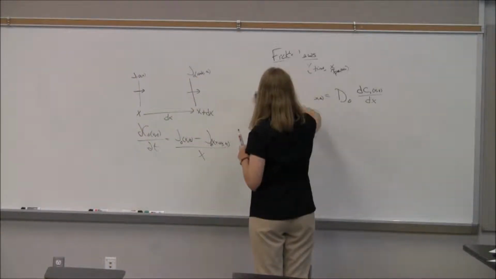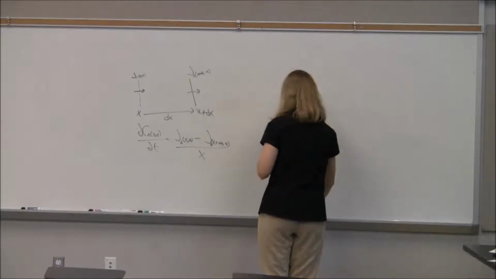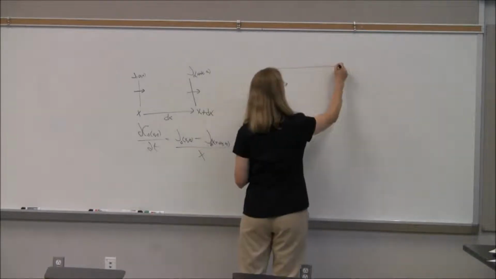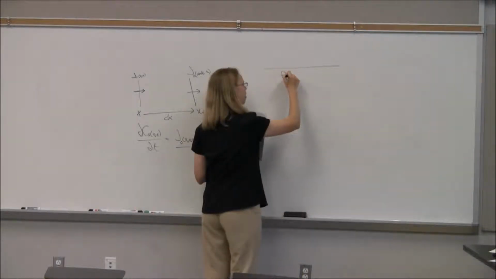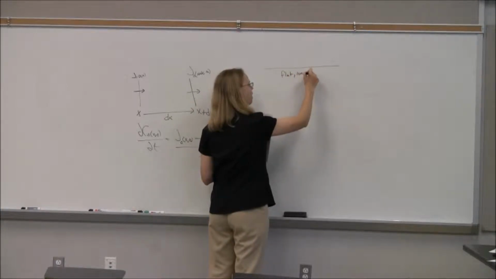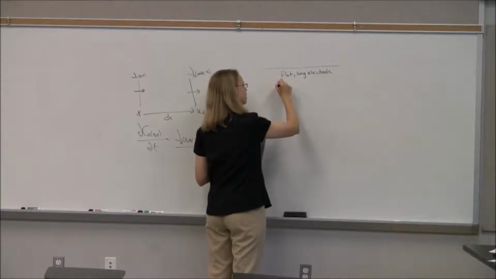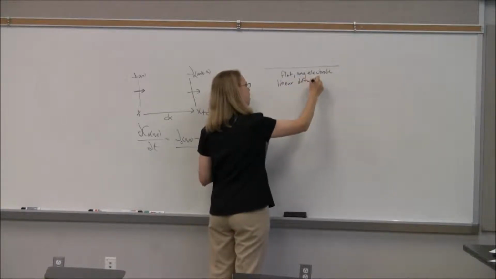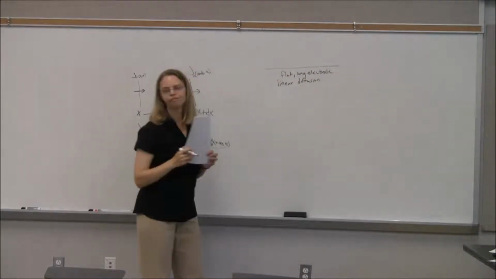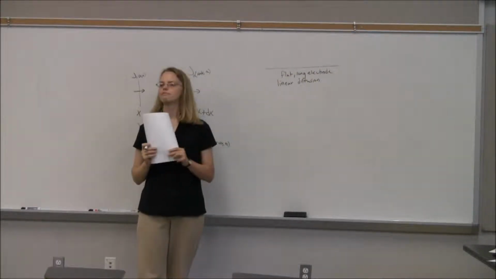All of this is assuming that you have basically a flat, long electrode. And if you had a flat, big electrode, then you would get linear diffusion. But we don't love flat, long electrodes in that lab.